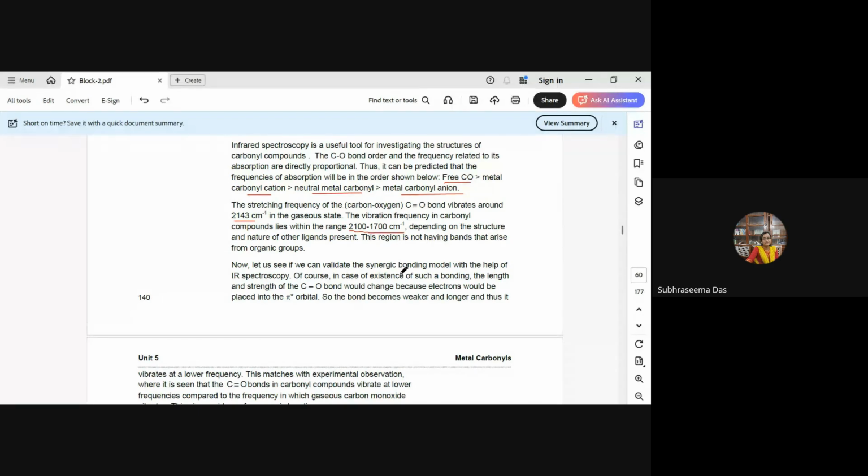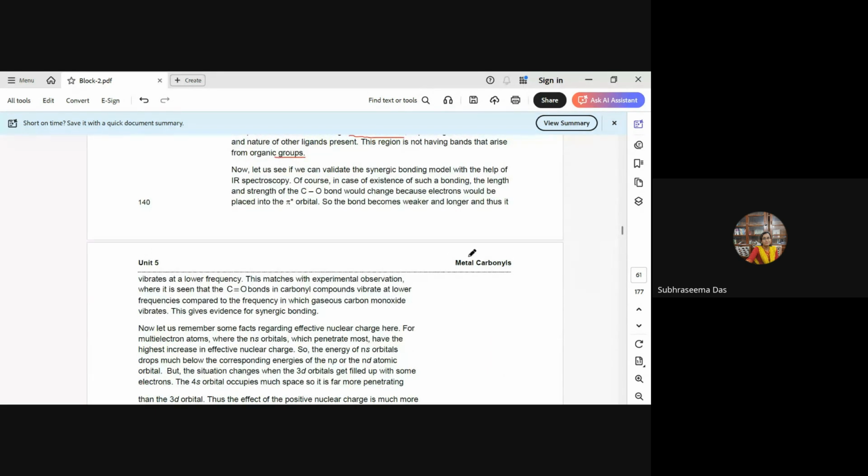This region does not have bands that arise from the organic groups, so we will focus on the absorption of the carbonyl groups in the 2100 to 1700 frequency range. Now let us see if we can validate this synergic model of bonding of carbonyls by IR spectroscopy, and how IR spectroscopy is useful to know the synergic bonding that we observe in metal carbonyls.